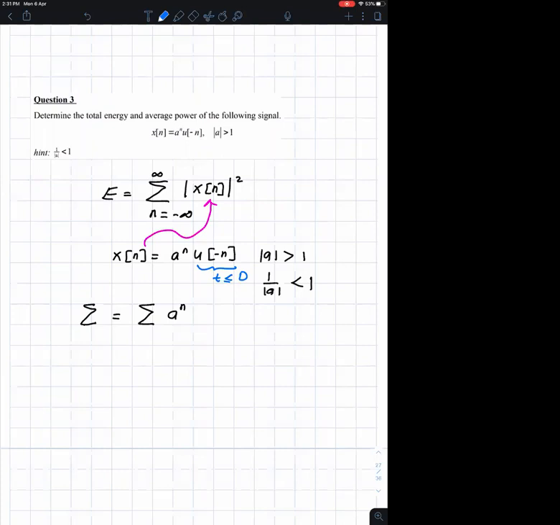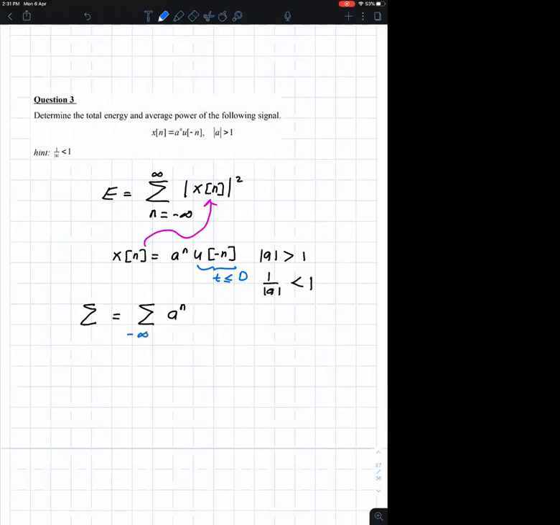So therefore you can go ahead and change this lower limit to minus infinity and upper limit to 0.